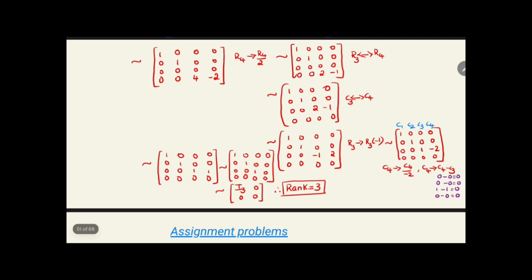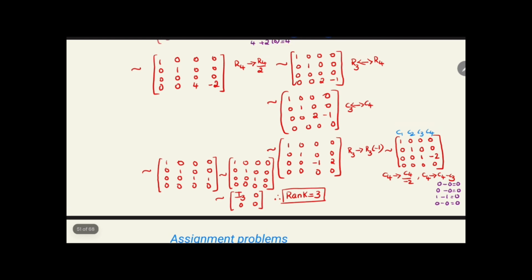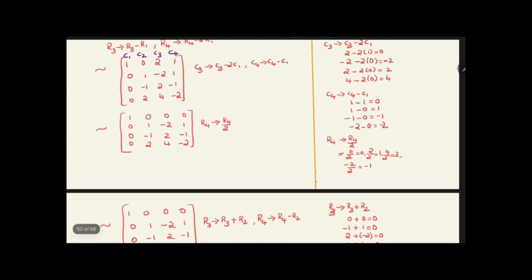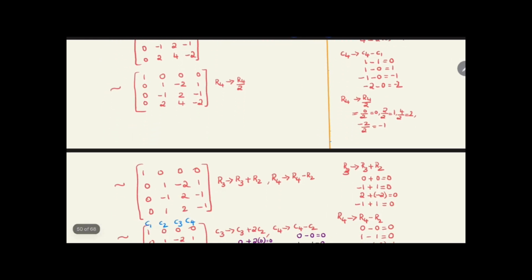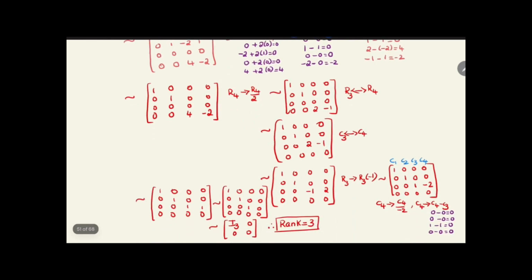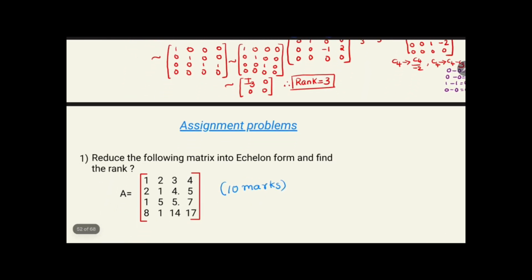The number of non-zero rows are 1, 2 and 3. Rank is equal to 3. It is a bit lengthy problem. You have to check for the operations, row operations and column operations very carefully. This problem is for 10 marks, students.